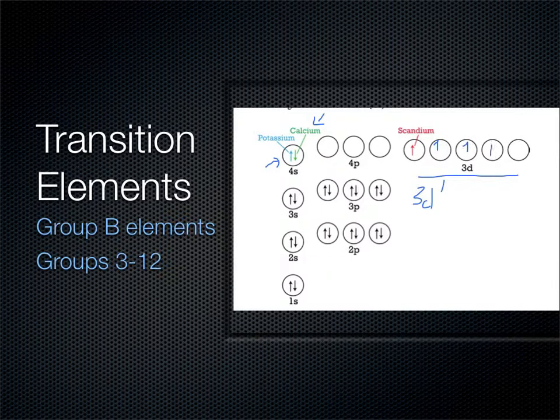So we're starting to fill this D sublevel. Those are the transition metals. Notice that the D level is always behind. You will always be filling one behind when you're filling D's. Notice we started on the 4s, but we're filling 3d. D's are always one behind your S level.